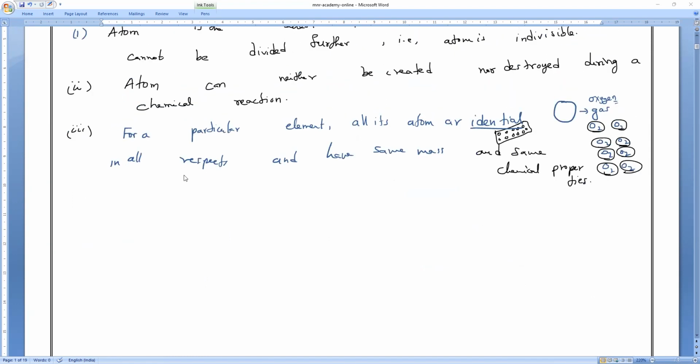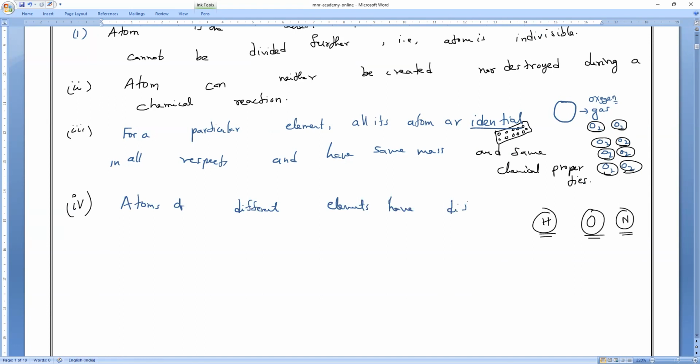That is our third point. Fourth point. Now, I will take a hydrogen atom, an oxygen atom, and a nitrogen atom. Do you think all these three atoms have the same mass, same size and same chemical properties? No, sir. So that is his fourth point: atoms of different elements have different masses.